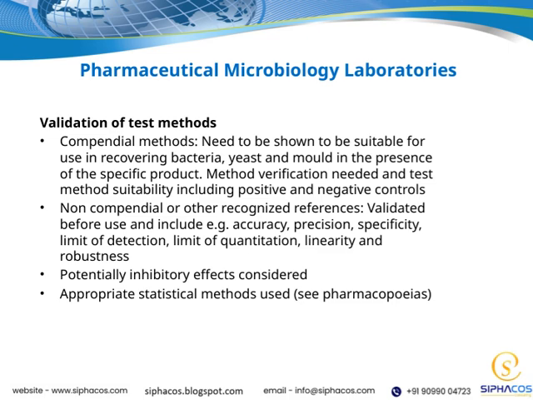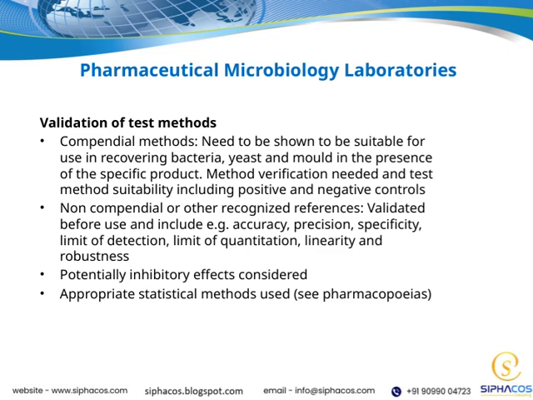We also look at limits of detection and quantitation, which define how sensitive our methods are, as well as linearity, to confirm the method's response is proportional to the concentration, and robustness, to see if the method can withstand small variations without losing accuracy. An important consideration is whether the product might inhibit the test. So, potential inhibitory effects must be carefully evaluated because they can lead to false negatives or inaccurate results.